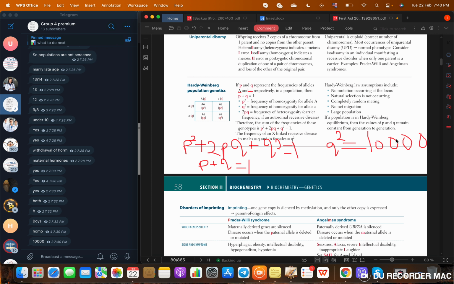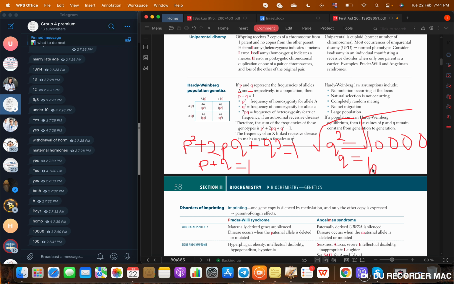So I should get P and I should get a Q for the sake of solving the carrier, which is 2PQ. I can get a Q from here. It's easy. I just take the square root. So Q is equal to how much? 100. Done. So now I have a Q. Can I get P? Absolutely. So P plus 100 is equal to 1.